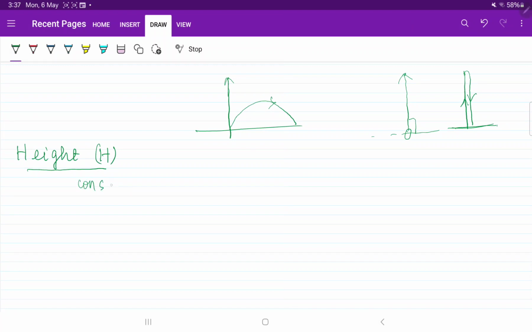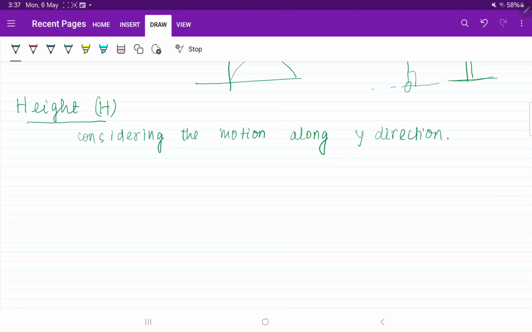Considering the motion along y direction, we can use the third equation of motion for simplicity.